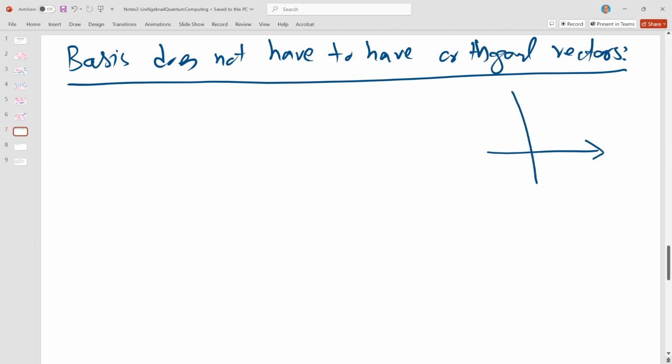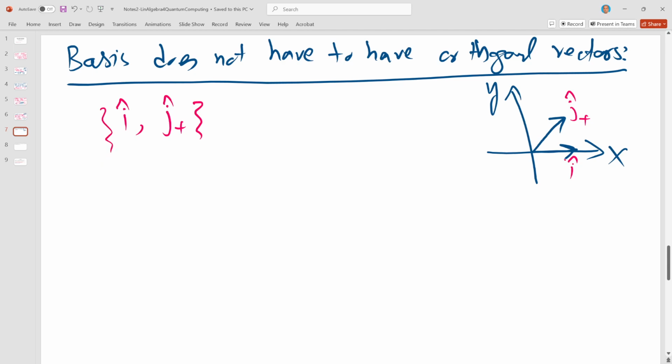So for example, if I go back to two-dimensional space, I can also take this as a basis. Let me call this some i, and this some j. So this is also a legitimate basis.